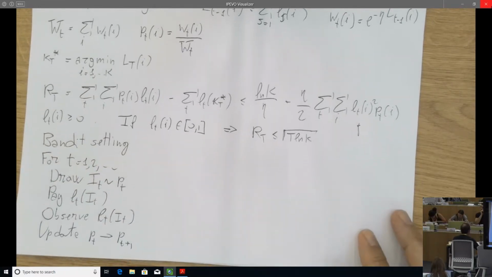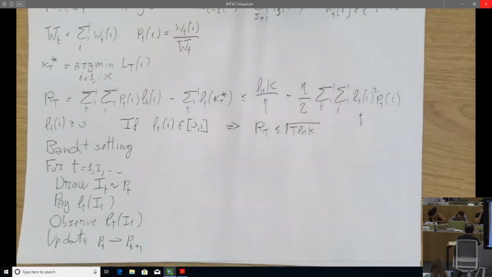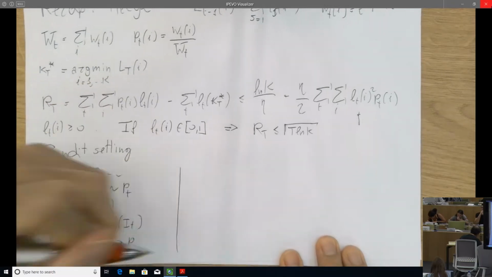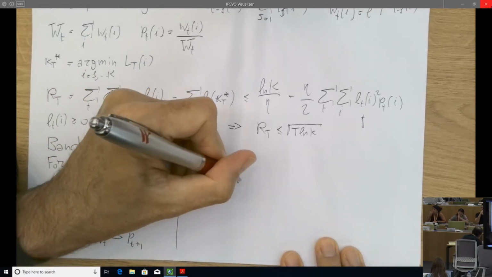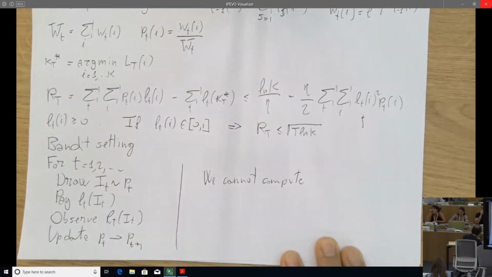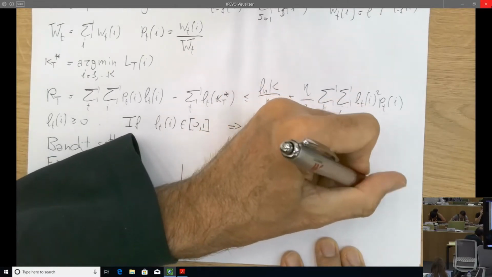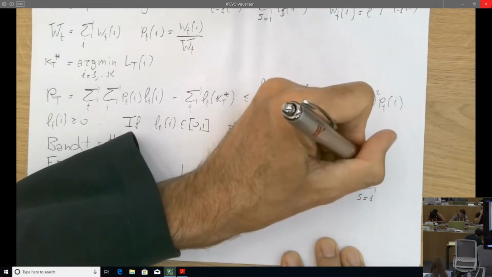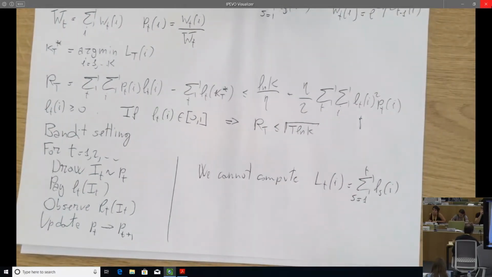The bad news here is that we cannot run Hedge anymore. Why can't we run Hedge anymore? The problem is we cannot compute the cumulative losses for single actions. Why can't we?